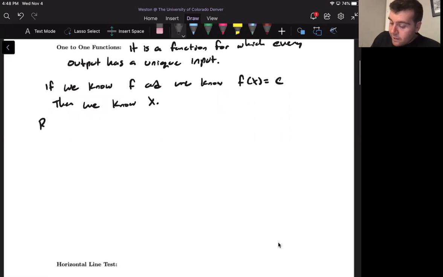A real world example. In class, we talked about phone numbers, how if someone tells you that they called a phone number, and you work for AT&T or something, then you can determine exactly who they called because you just match the person to the phone number. Another real world example is almost the same thing where we have TV channels.